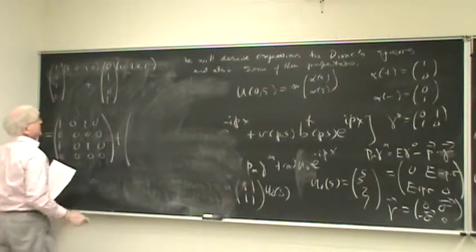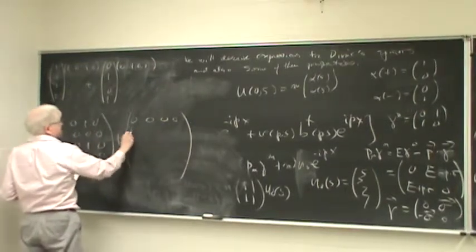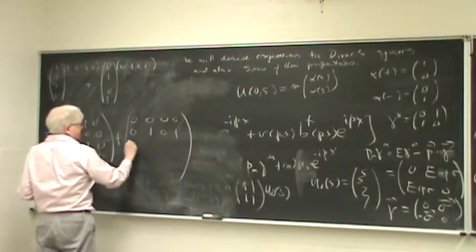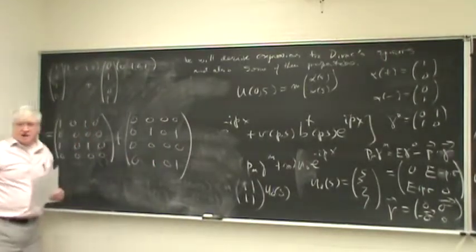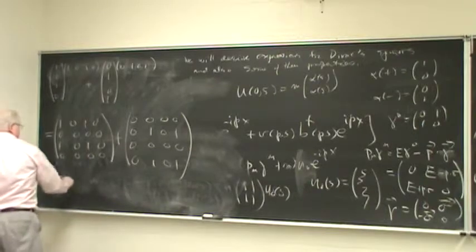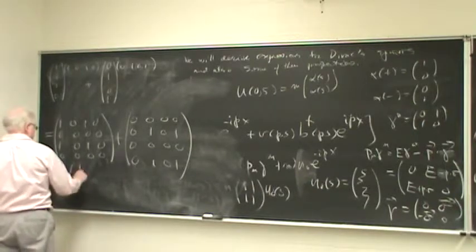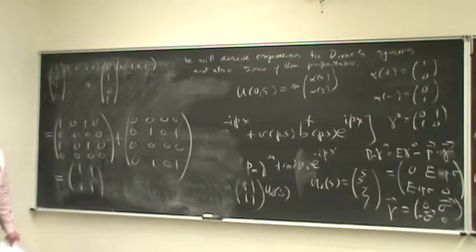Plus 0, 0, 0, 0, 0, 1, 0, 1, 0, 0, 0, 0, 1. If it's a little boring, that's good because then you've learned it. And now if you add this together to make a 2 by 2 matrix, what is it? It's just 1, 1, 1, 1, which is the same as 1 plus gamma 0. But I'm going to leave it like that.